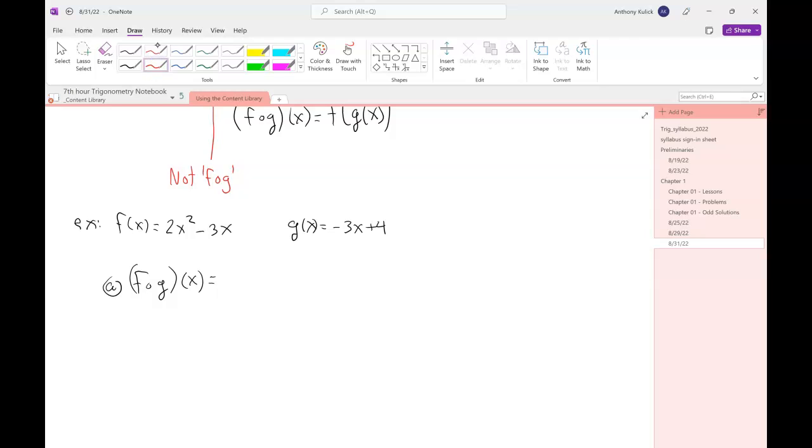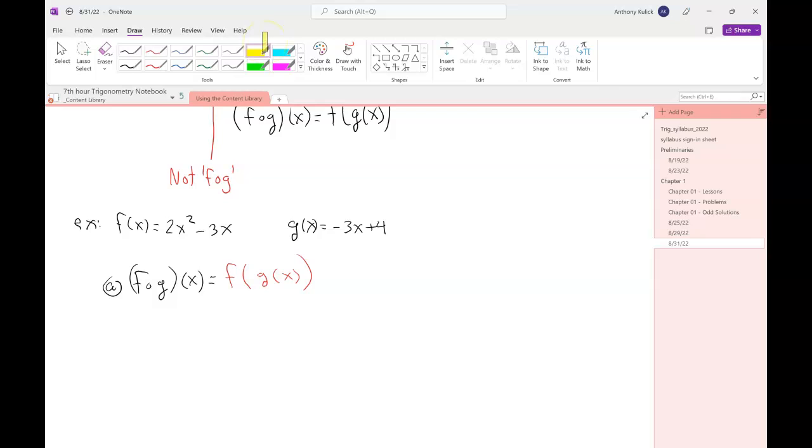So let's say that f of x is the function 2x squared minus 3x, and g of x is the function negative 3x plus 4. And we're asked to do f compose g of x. This is a little bit tricky, seeing it for the first time. So if you want to give me your A-game attention, that might be good. So I'm going to start by just applying the definition for composition that was given above. So f compose g is f of g of x. Everybody good there?